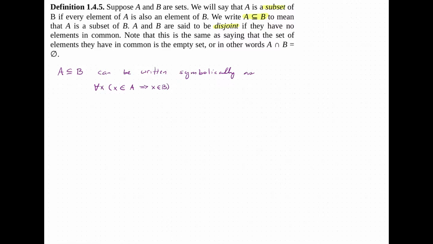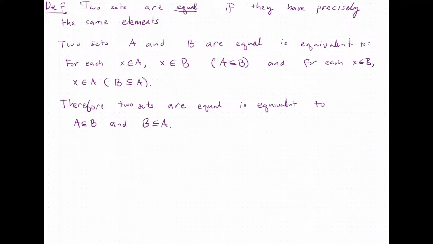And in a similar manner, when we talked about equality of sets, that just meant that A is a subset of B and B is a subset of A. And so we defined this last time as well, that two sets are equal if A is a subset of B and B is a subset of A. And notice how in language, since we're talking about a definition, I'm using the word if. But as I mentioned at the start of today's lesson, when we talk about definitions, the if really is an if and only if. And so when I say two sets are equal if A is a subset of B and B is a subset of A, that is the if and only if, or equivalent.